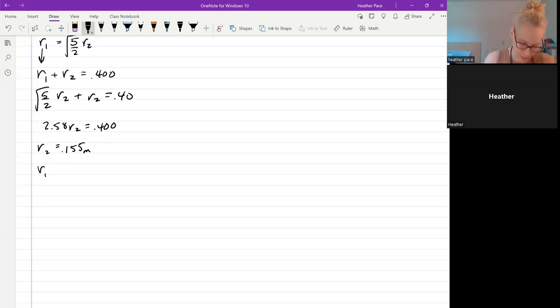Then we can shove that back into our other equation and we get 0.245 m. If we add those together, we get 0.4. And as you notice, what we would expect is that M3 is going to be much closer, or R2 is going to be much smaller than R1. That's what we see. We got the right answer. Woohoo! Moving right along.